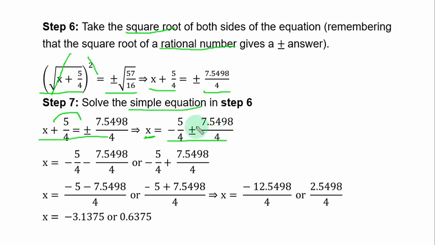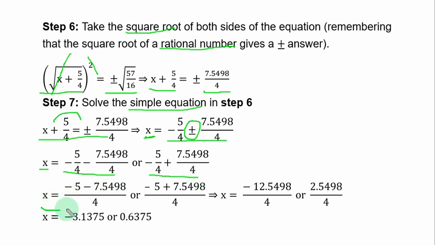So this plus minus means you can write the expression twice in terms of plus and minus. So we have s equal to minus 5 over 4 minus 7.5498 over 4, taking the minus first, or minus 5 over 4 plus 7.5498 over 4.